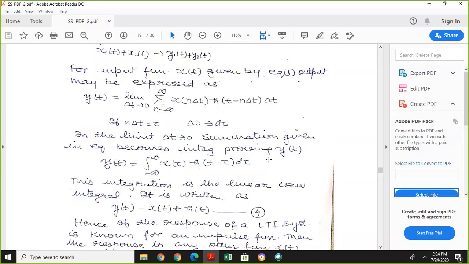So the final output is given by this expression, and this expression can be written as y of t is equal to x of t convolution h of t, and this is convolution.